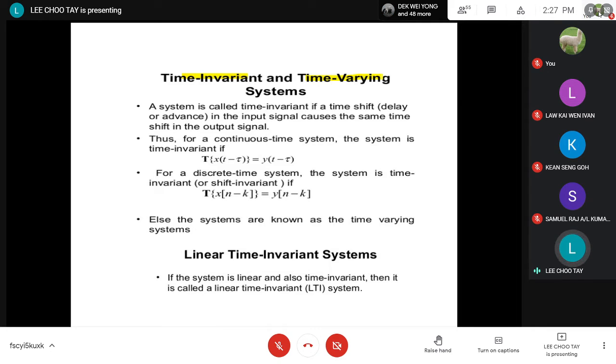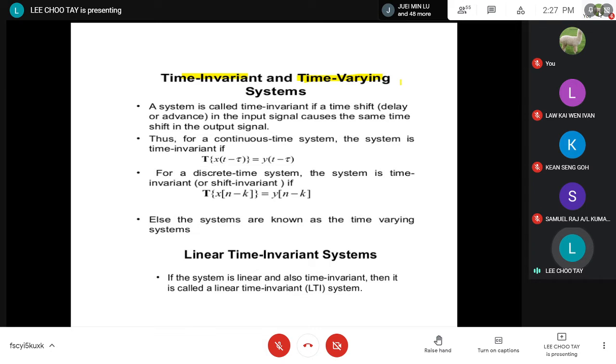But for a time varying system, the system will produce different output when you put in the same signal at different times. That means I put in a signal in the morning, I receive a certain output, and I put in the same signal again in the afternoon. The system gives me a different output.